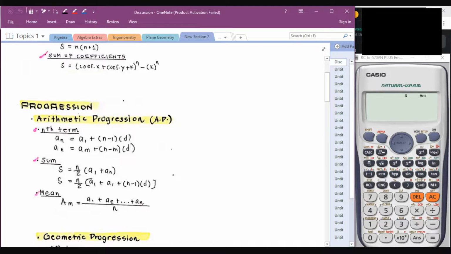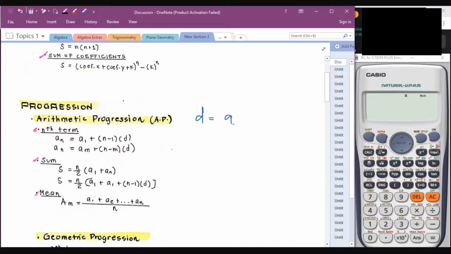So, arithmetic progression. What distinguishes an arithmetic progression from other progressions? Arithmetic progression is simply a progression where a common difference can be determined. What is a common difference? A common difference is the difference between a succeeding term and the term before it.